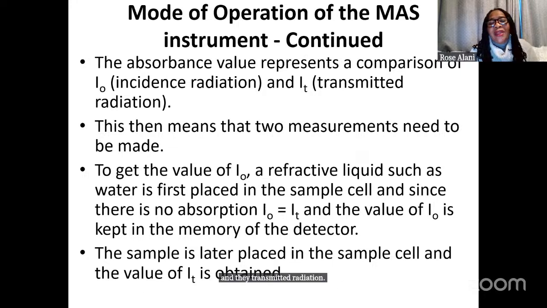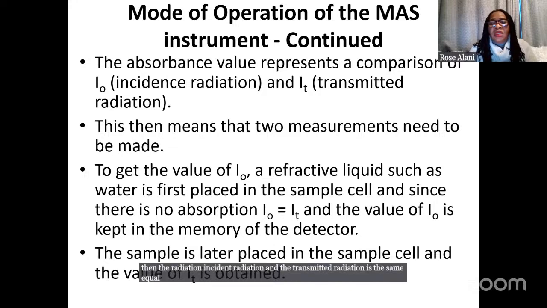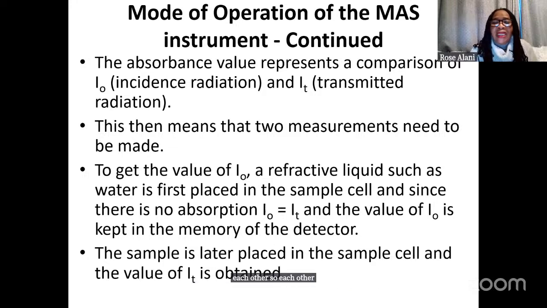To get the value of the incident radiation, a refractive liquid such as water is first placed in the sample cell. And since there is no absorption, the incident radiation and the transmitted radiation are the same, they equal each other. So the value of the incident radiation is kept in the memory of the detector.